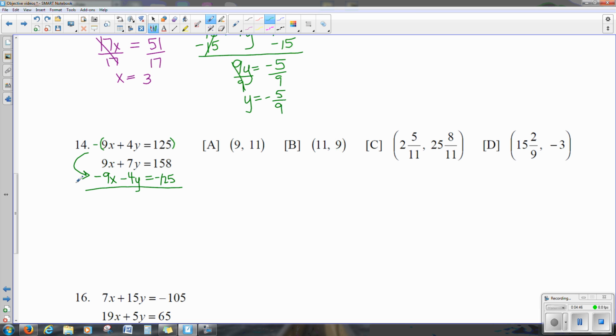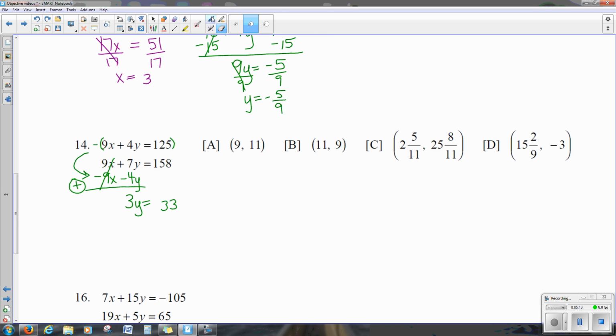And now when I add these two together, 9x minus 9x will cancel out, or a positive 9x and a negative 9x cancel each other out. 7y minus 4y is 3y. And 158 minus 125 is 33.